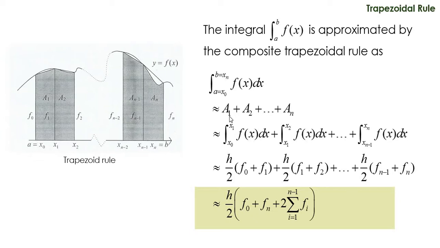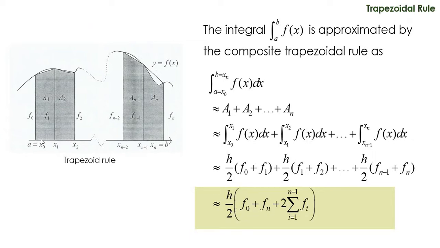Here we can see the area of A1 will be added with A2 and the rest. So we have several of these in the integral. However, you do not need to think about that, we will use the formula given for the trapezoidal rules. If you want to know more, then you can explore yourself. In this case, if you are using trapezoidal rules, the formula is h/2 times f0.